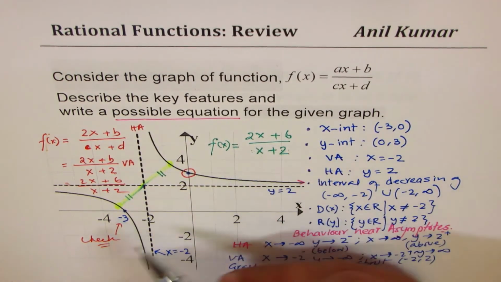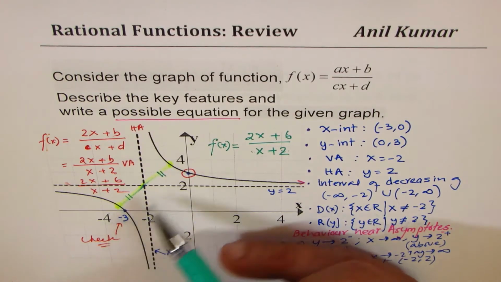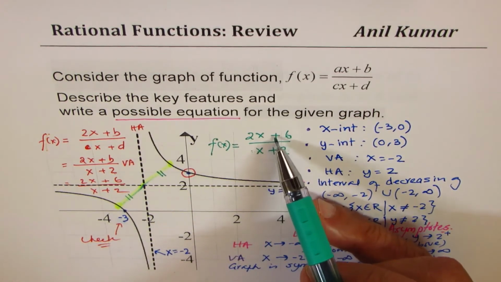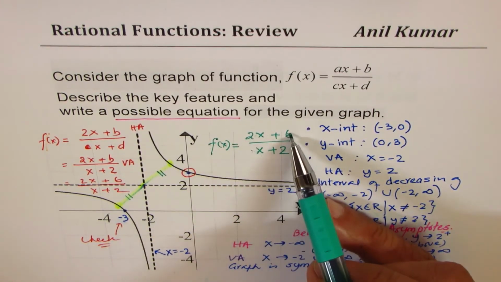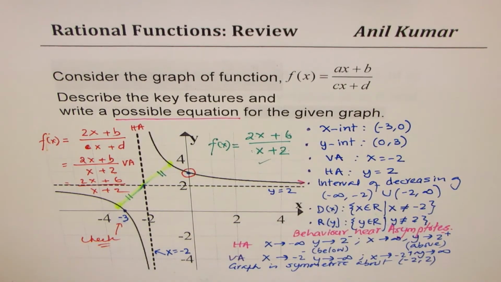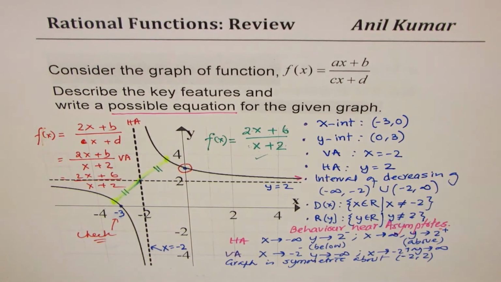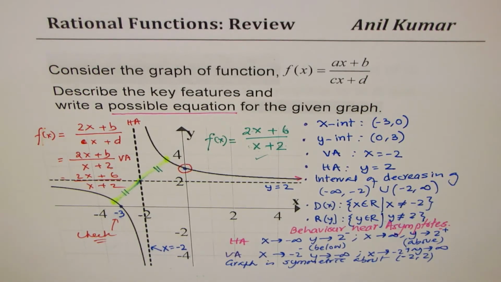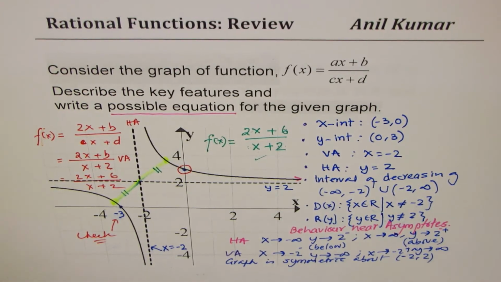Then that becomes a checkpoint, the last point: whether for -3 we get 0. So -3 gives us 0, so that is correct. So go through this step of working out your equation. It is not difficult at all, but I hope it gives you a good sense. Correct? So from a graph, it's easy to figure out the equation if you follow some steps. Okay, so let's move on and see what we have next.